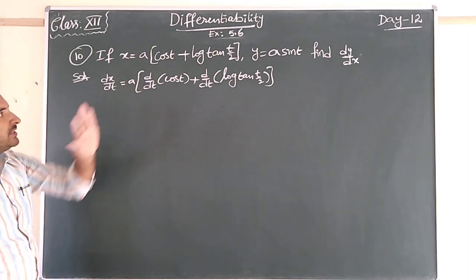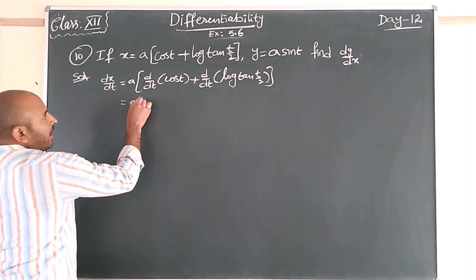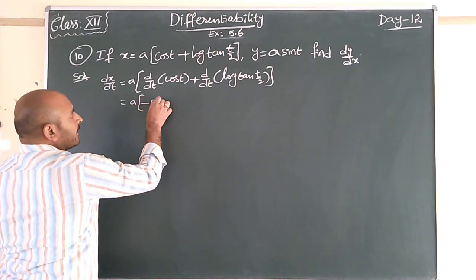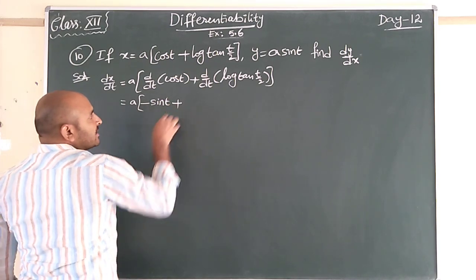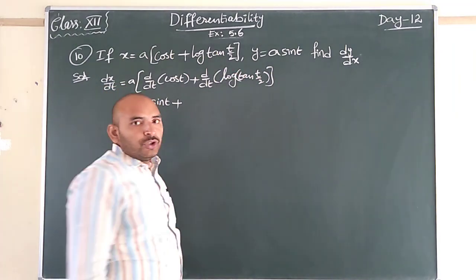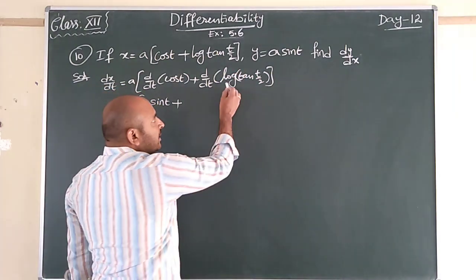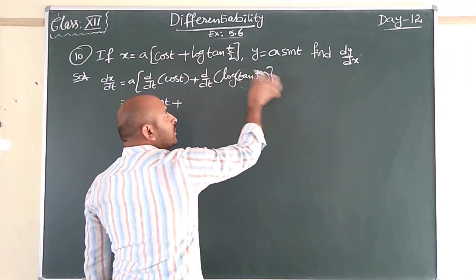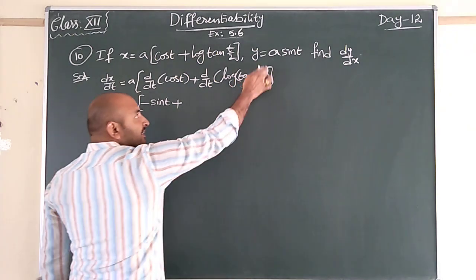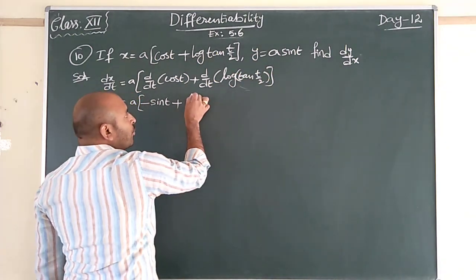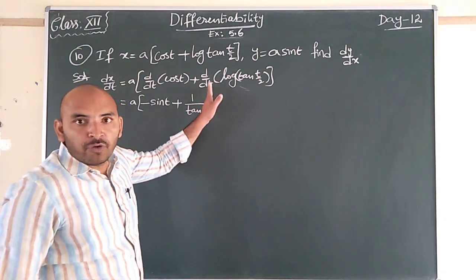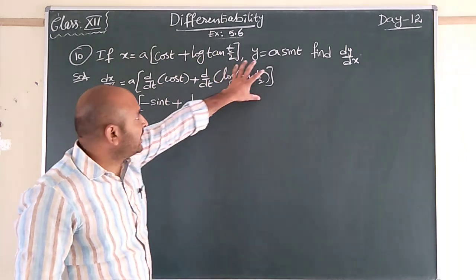Derivative of cos t is minus sin t, plus, here observe clearly, for log of tan t by 2 we should apply the chain rule, because this is in the form of log x. Derivative of log x is 1 divided by x. What is x here? x is nothing but tan t by 2, so 1 divided by tan t by 2.